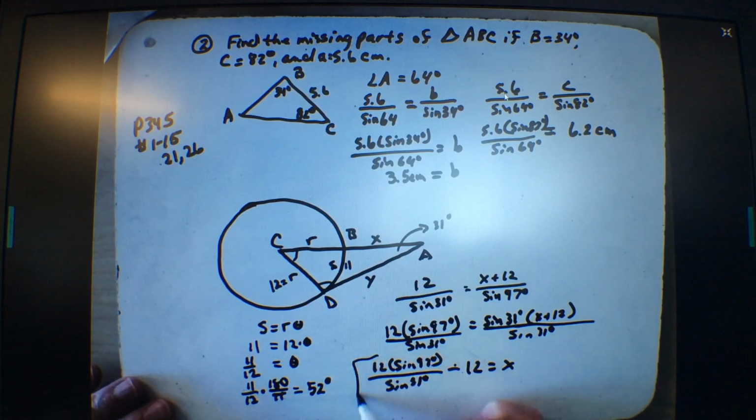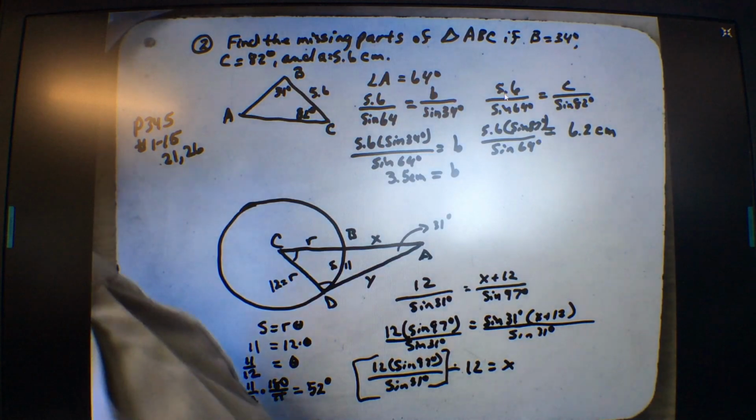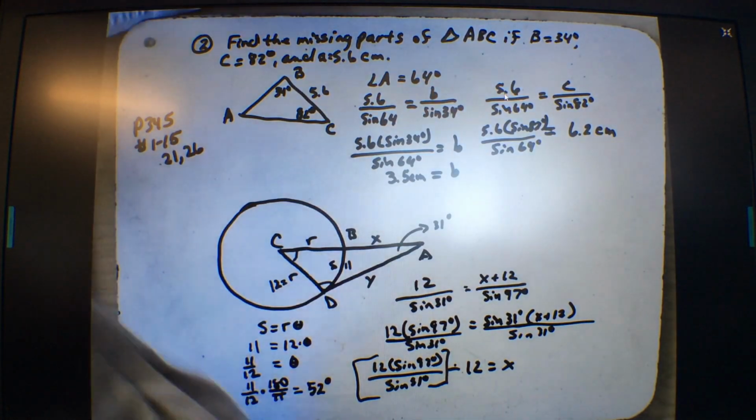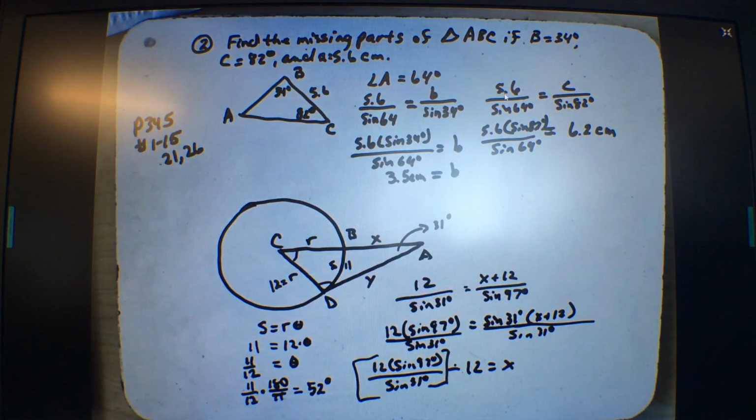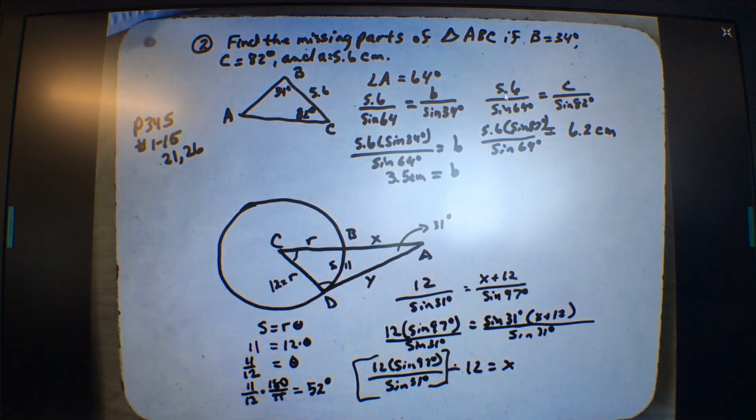You have to do this in parentheses first before you subtract 12. That makes sense? Would you do that for me, please, and tell me what you get. I got 11.